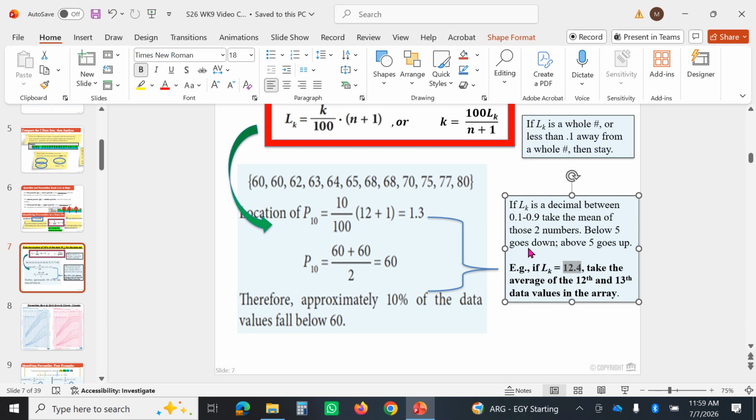Let's say you get an LK value of 12.4. You get a decimal again, just like we did here. That's telling you it's just above the 12th position, somewhere between the 12th and 13th position. That's why you would take the average of the 12th and 13th data value, add those up, divide by 2 as we just did in the example, and you will get the particular LK position value.